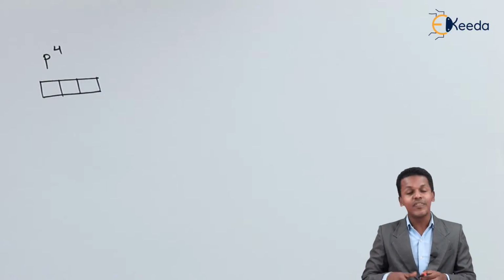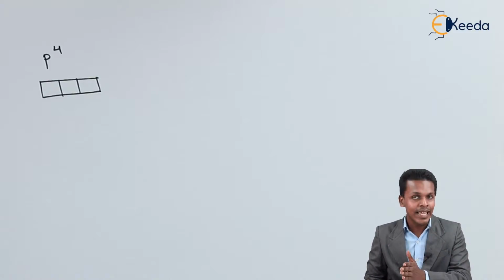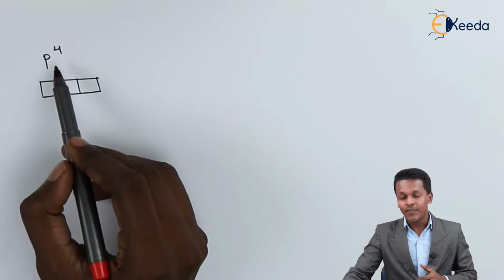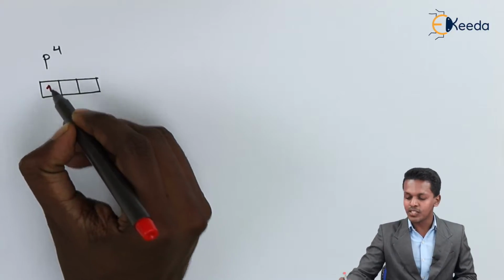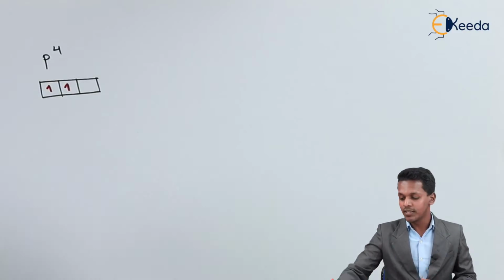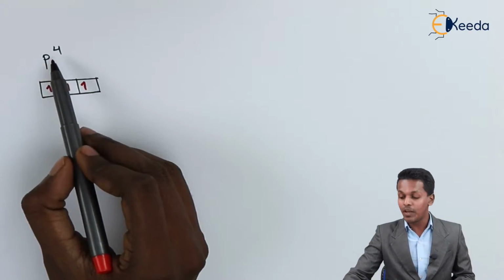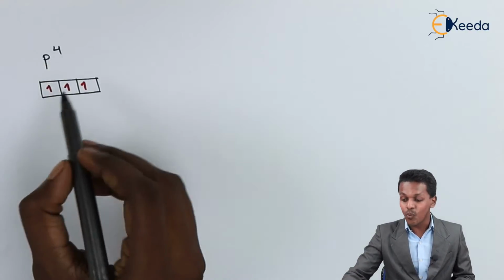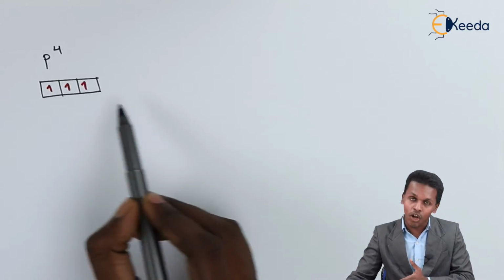The electrons must be filled in such a manner that there is 1 electron in each orbital, that is, we fill the electrons singly in each orbital. Therefore we fill the electrons this way: this is 1, this is 2, this is 3, and the 4th electron will be filled afterwards, once all the orbitals have been filled singly.